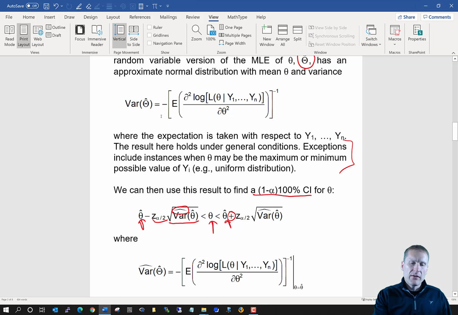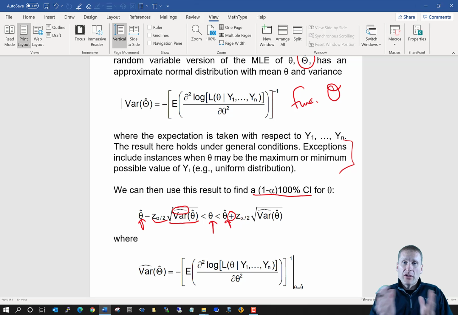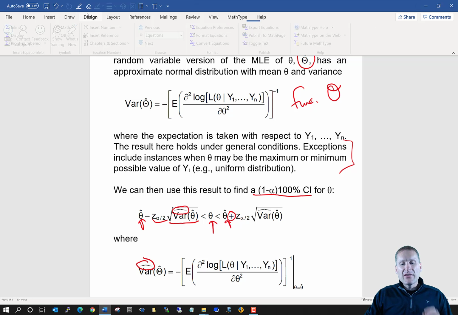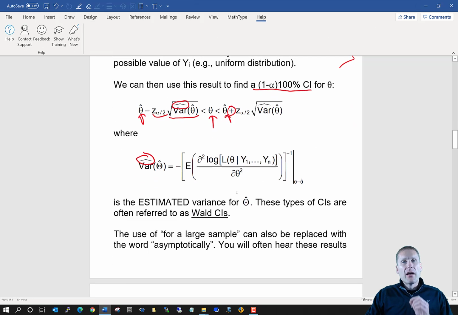So this variance here will most likely be a function of theta itself. That causes us some problems because we're not actually going to be able to compute the variance, because it's a function of the parameter that we're trying to estimate. So what can we do? How about wherever you see the parameter of interest theta, you replace it with its corresponding estimate, theta hat. That's what this notation represents: we're now using the estimated variance of theta hat.